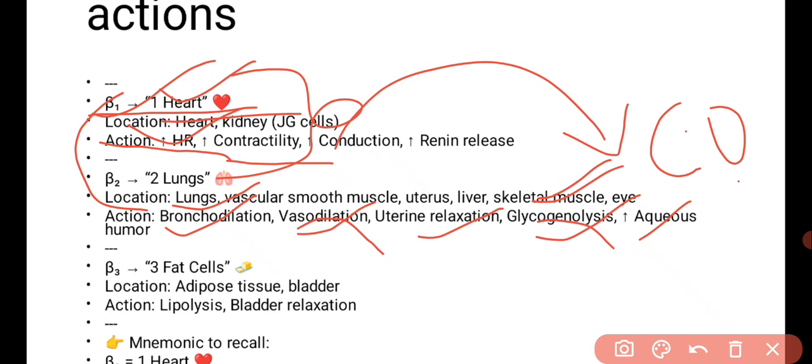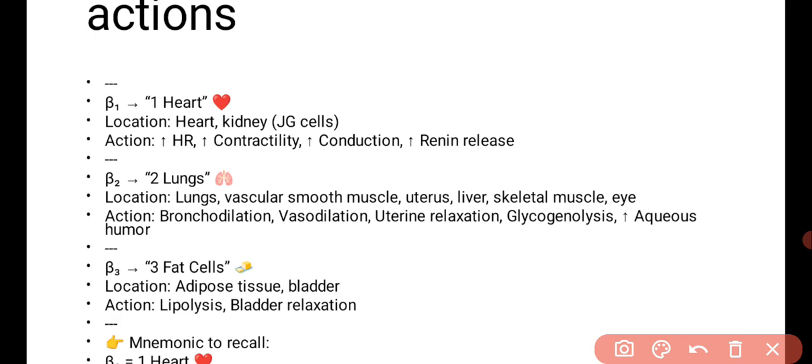So that's why selective beta 1 blockers are preferred over the non-selective beta blockers to overcome this effect. So this is regarding the selective and non-selective beta blockers. We have another two categories of beta blockers as well. Those are beta blockers with additional alpha adrenergic blockage.